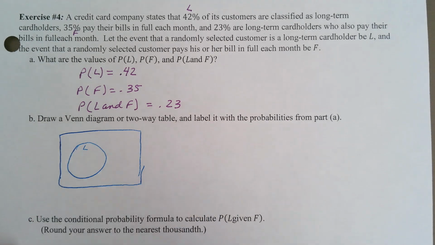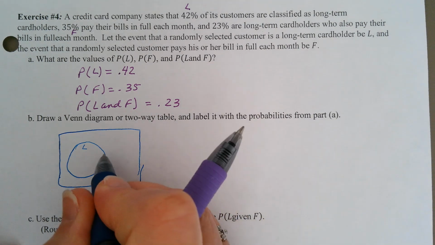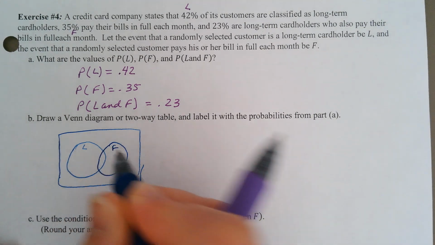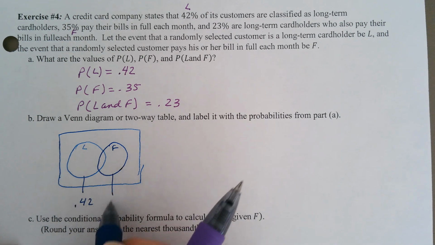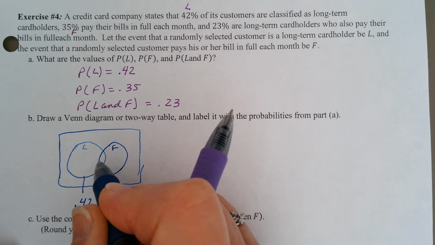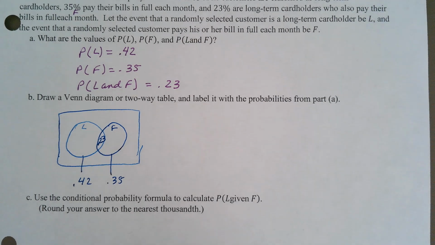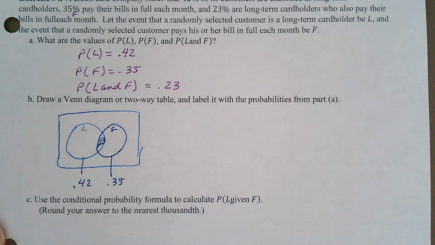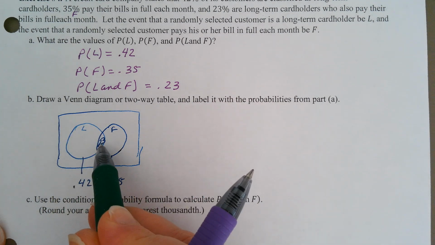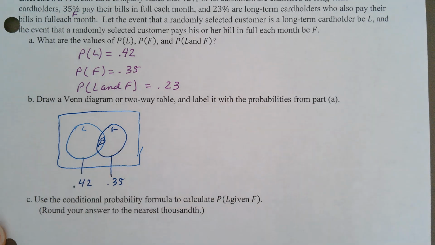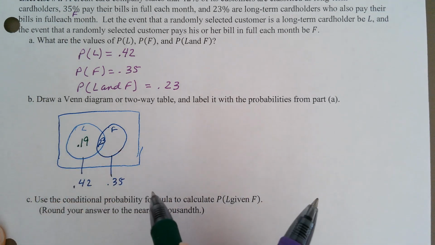We have long-term, and then we have pay in full. Long-term probability is 0.42, pays in full 0.35, and the and is 0.23. And oftentimes when this is the case, I'll just continue with it. If this portion of circle L is 0.23, then 0.42 minus 0.23 would give me the other piece, which would be 0.19.